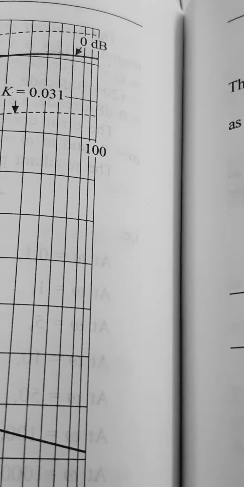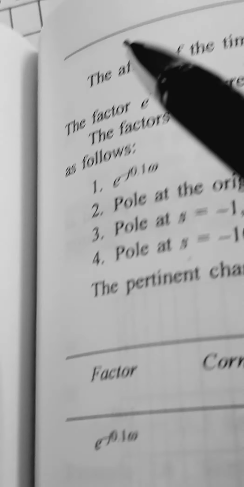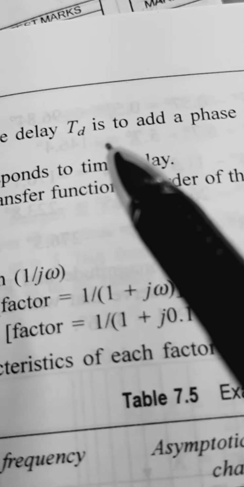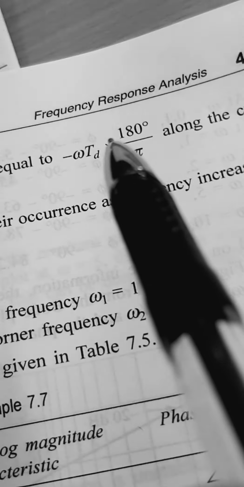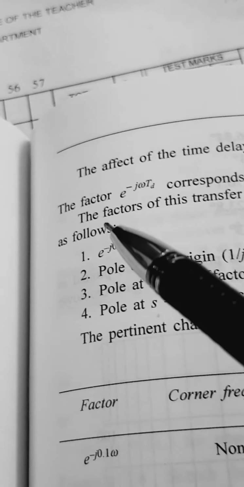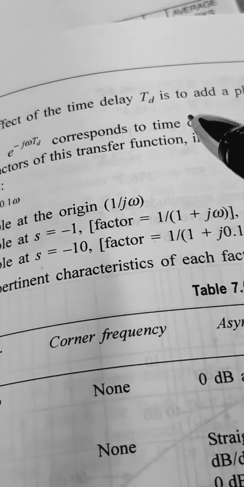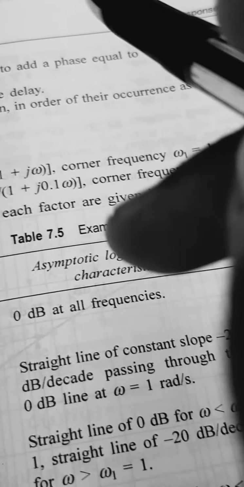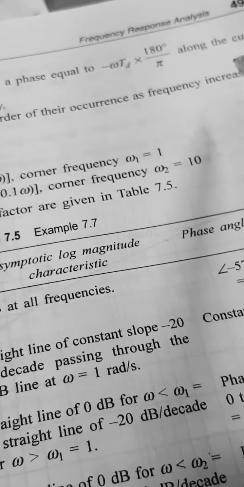Now here one unexpected term is the e to the power of minus 0.1 s. How can you deal with it? The effect of time delay Td is to add a phase equal to minus omega Td into 180 degree by pi along the curve.